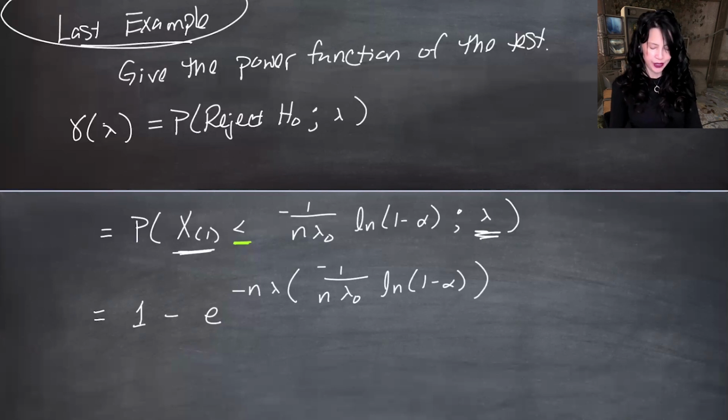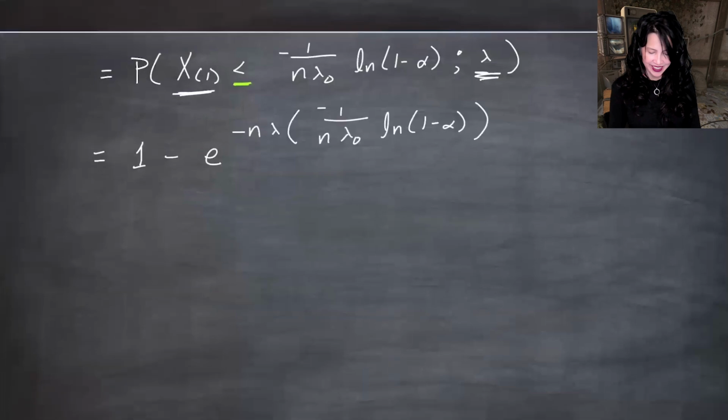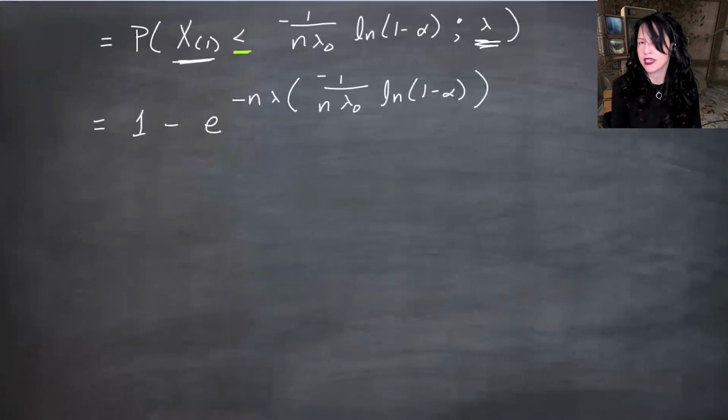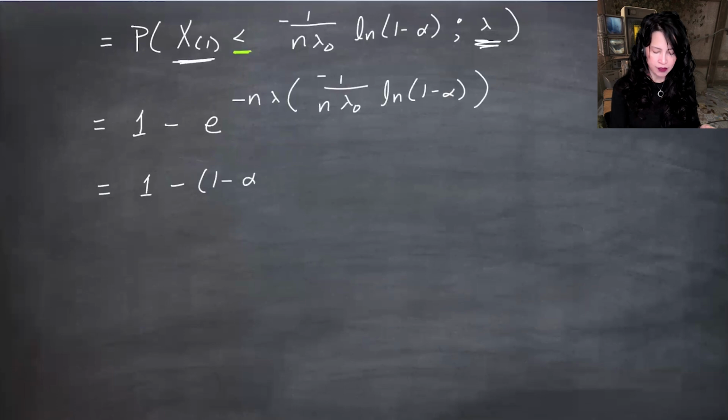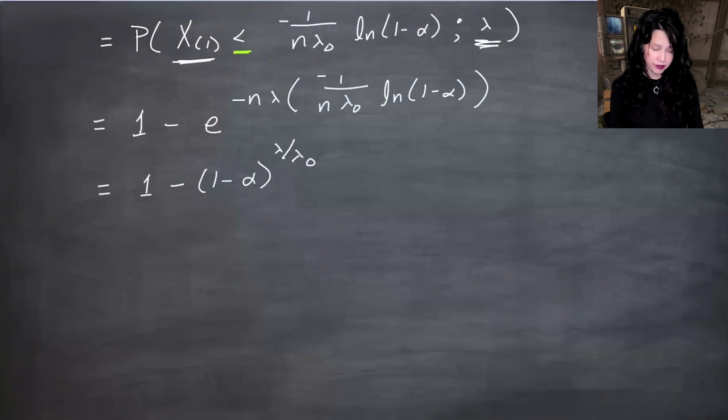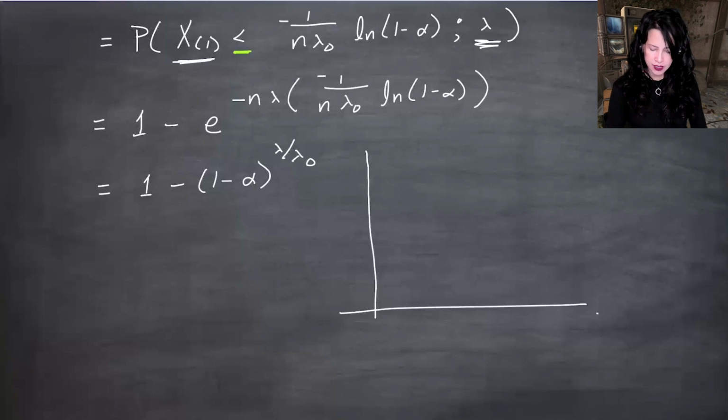Looks very similar to what we just did. And it is. We're not maximizing it over the alternative hypothesis region. If you simplify this, you get 1 minus alpha to the lambda over lambda naught. What does this look like as a function of lambda? If you sketch this, it is something that is increasing in lambda, and it's kind of concave down like this.